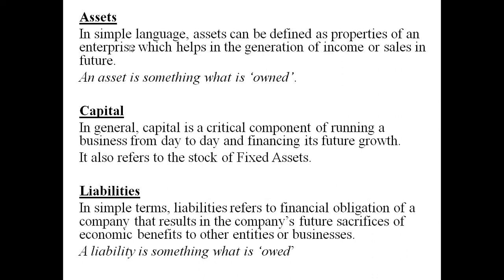That's your property, isn't it? That property is known as your assets. An asset is something that is owned. What you own, what you have, what you possess, what is yours is your asset.